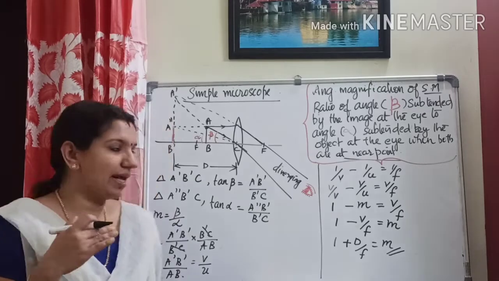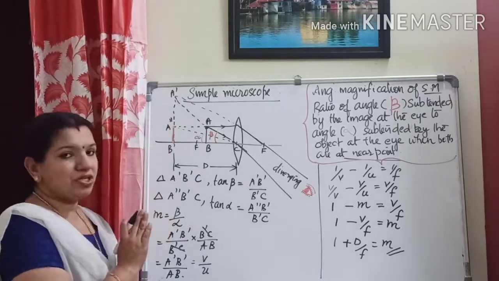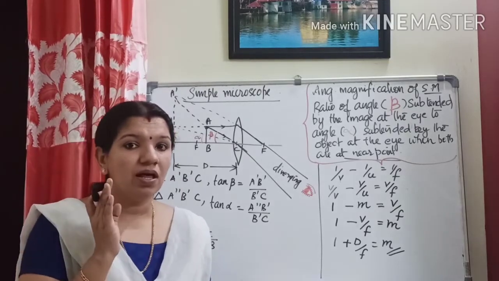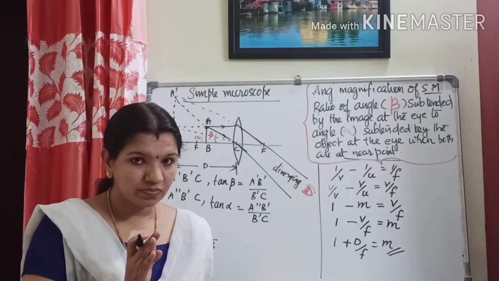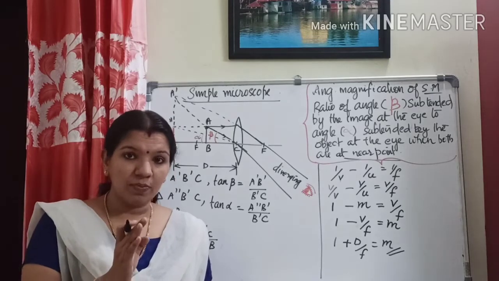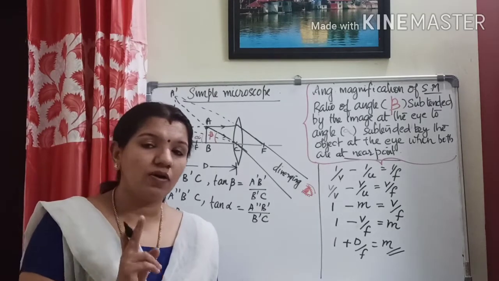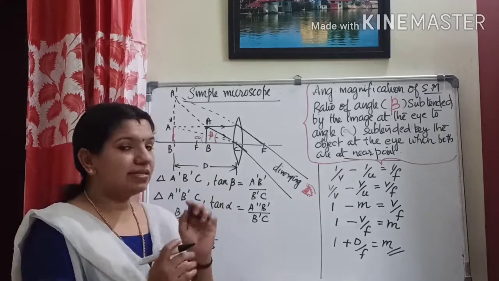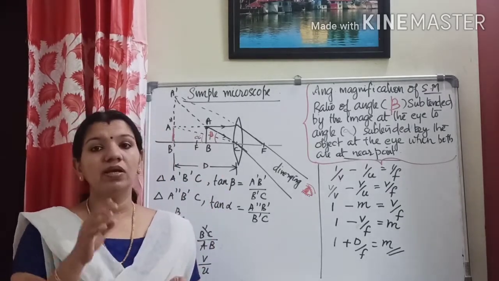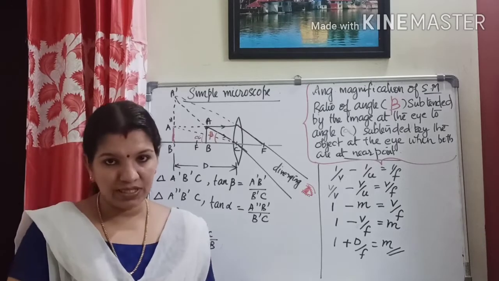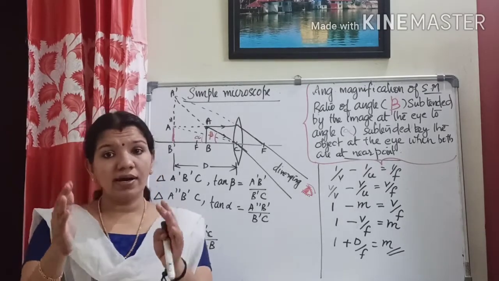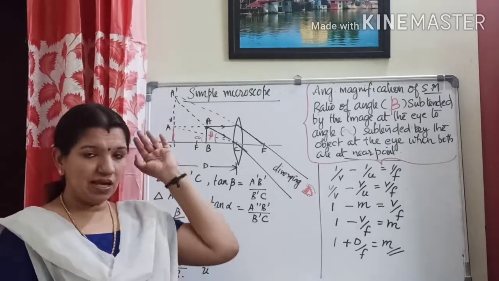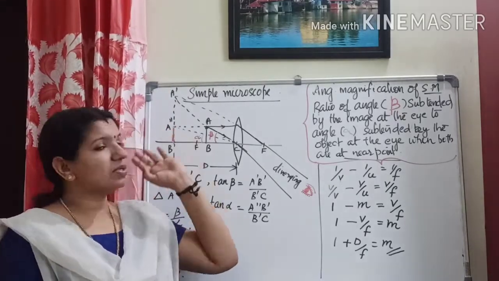Okay. Once again I will tell. This is the derivation part for the angular magnification of a simple microscope. A simple microscope consists of only one convex lens of small focal length. Now you are placing an object between the focus and optic center so that you are getting an image which is virtual and erect on the same side of the object, and it is also magnified.